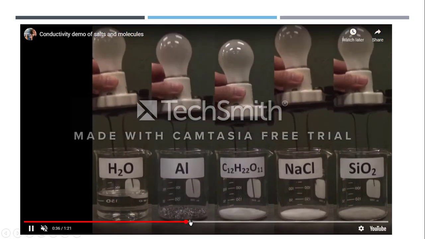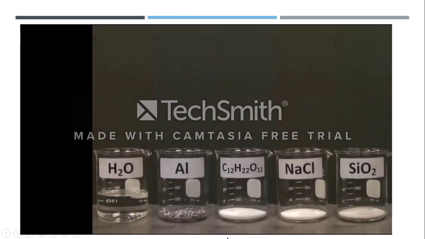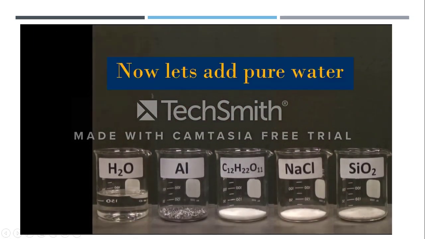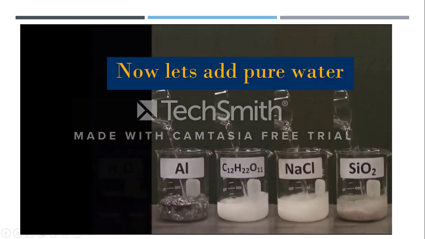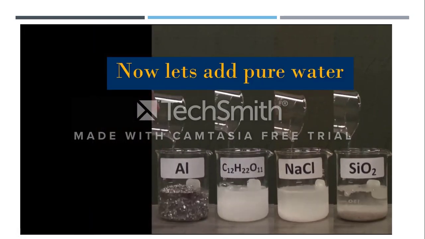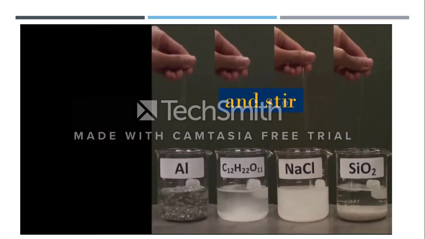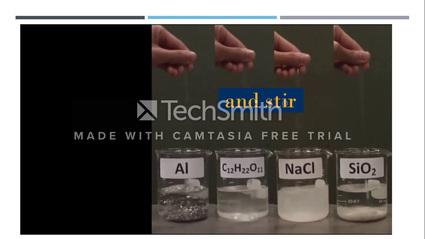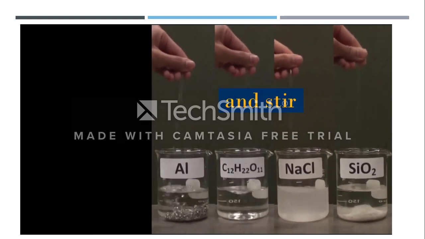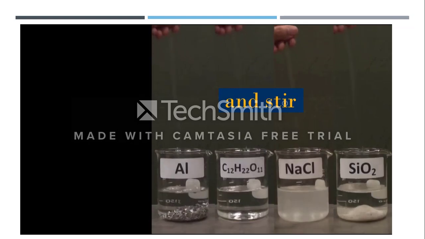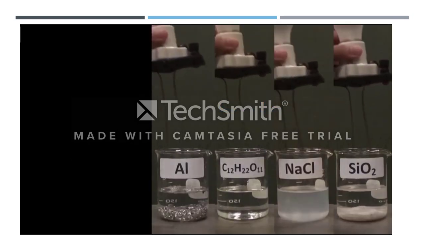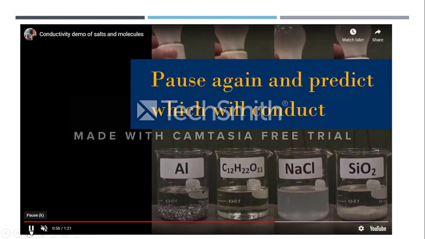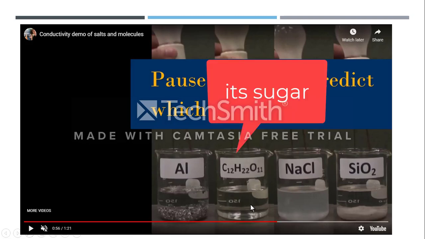Now let's say we add some water to these beakers. Give it a little stir, and we're going to test it again. Silicon dioxide doesn't even dissolve. So let's look at what's going to happen here. Remember, this is glucose.